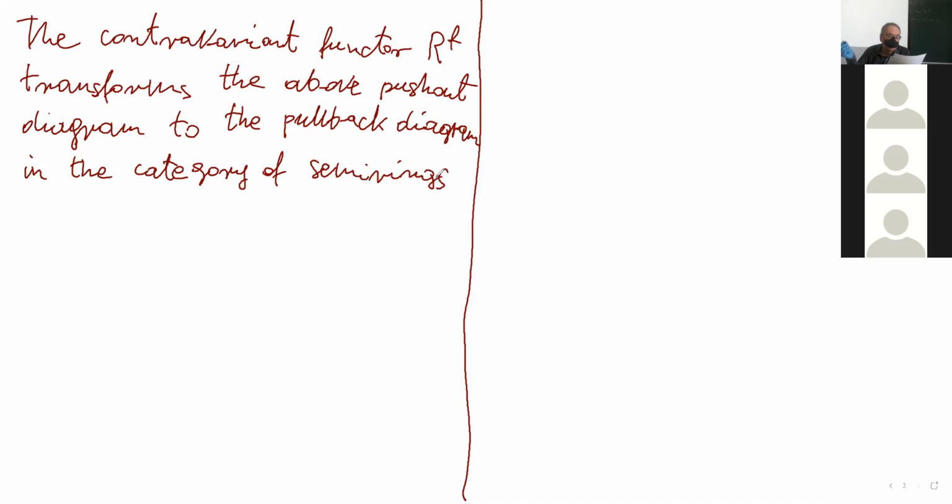Okay, so how does it look like? Well, of course, here we have RFE, here we have RFG, RFF, and here I have the fiber product of these semirings, RFE times RFF fibered over RFG.